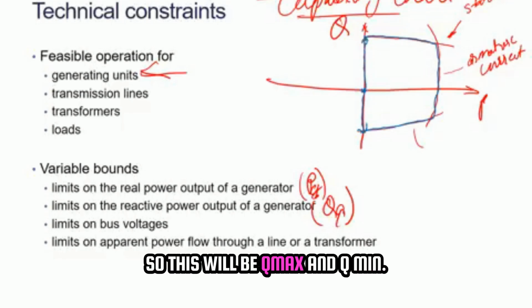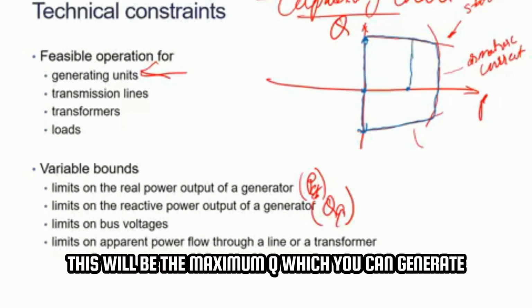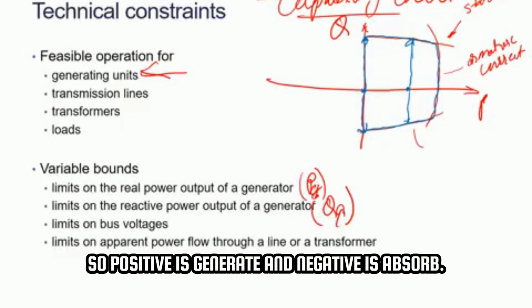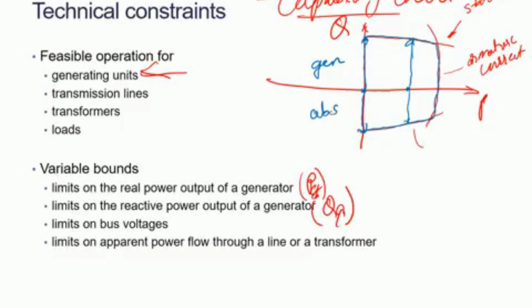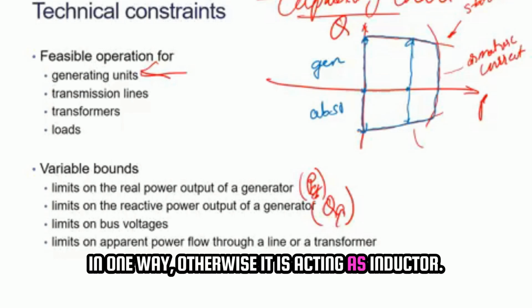Now if you want to generate a P value here, then this will be the maximum Q which you can generate. Positive is generate and negative is absorb. So in one way it is acting like a capacitor, and otherwise it is acting as an inductor.